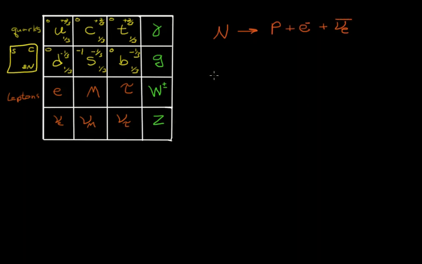Now, I don't know if this is actually true. I've seen this equation, but I need to figure out if it is true, if everything on this side adds up to everything on that side, if the charge adds up, if the baryon number adds up, if the lepton number adds up, and if the strangeness adds up.